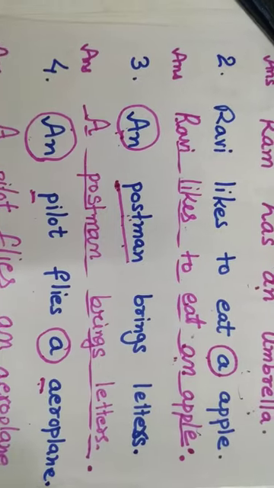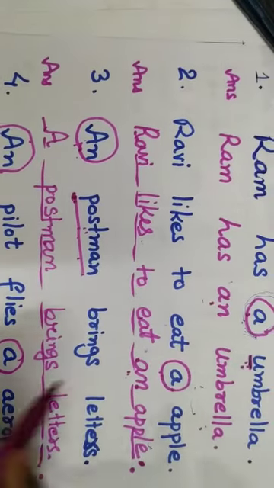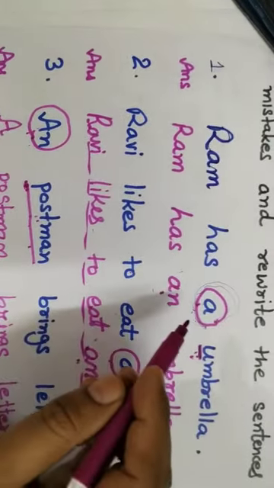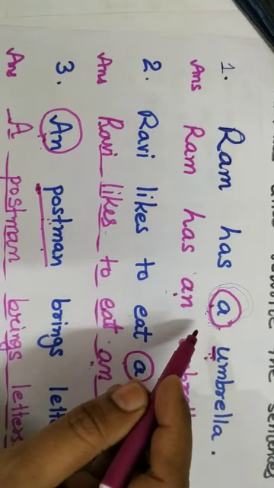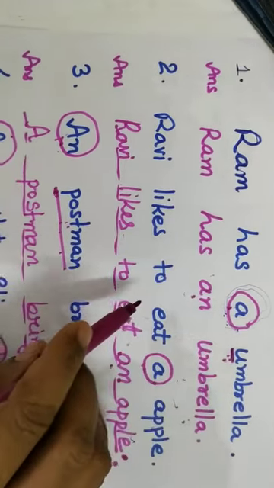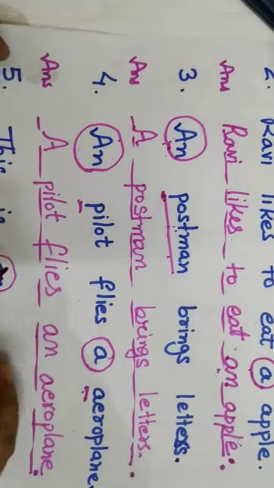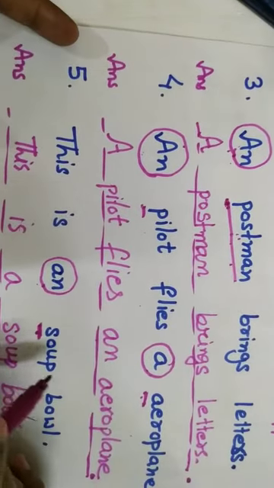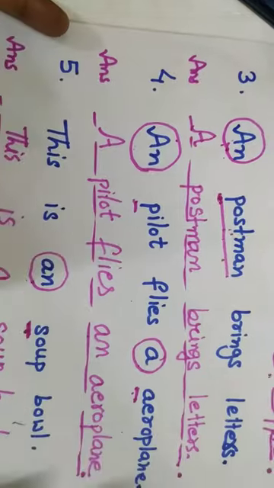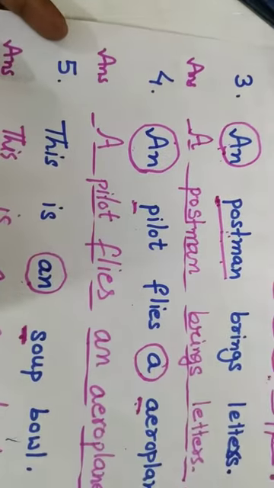Question number 1, 2, 3. 1 is already done in the book. Okay, children? So no need to do 1, 2, 3, 4 and 5. That is all completed. Let's start filling the book. Okay?